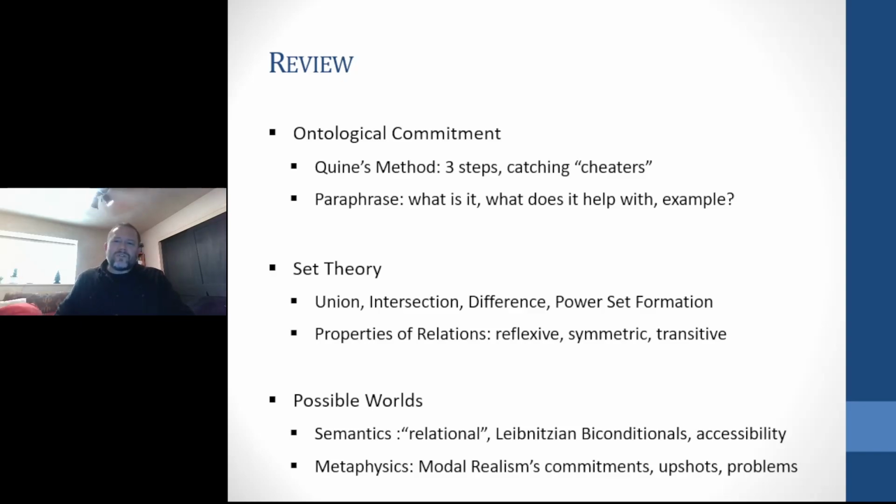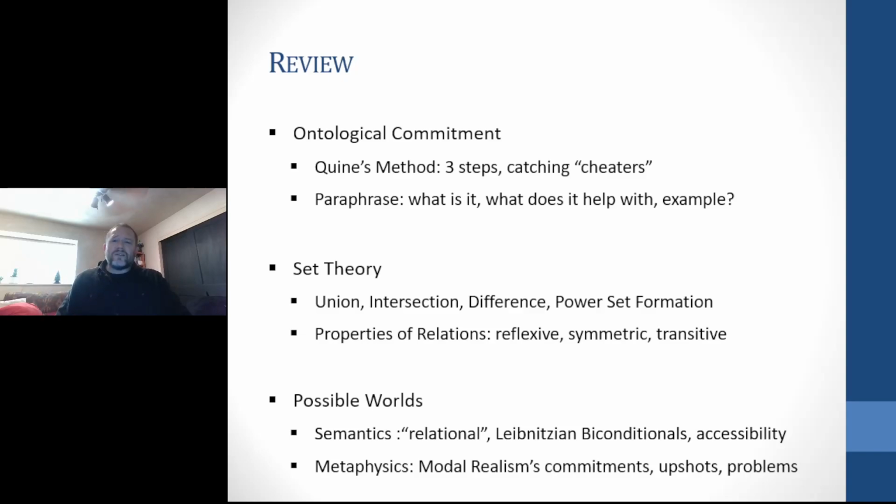And the second topic was the method of paraphrase. What is it? What is it meant to help us do? Can we think of examples? And how does this relate back to this dance between maximizing or minimizing ontology and doing the opposite for ideology? So those are the kinds of questions or areas that I might ask you about.